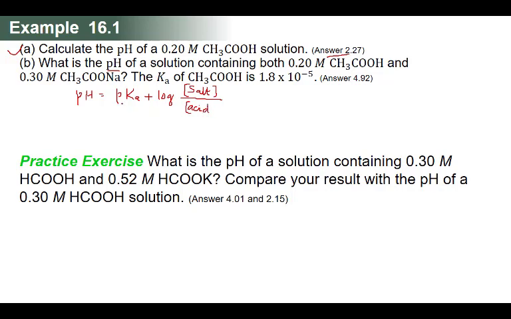We open up this pK. pK is negative log, so we again write the equation: pH is equal to negative log Ka plus log salt upon acid. Here Ka is 1.8 times 10 to the minus 5.